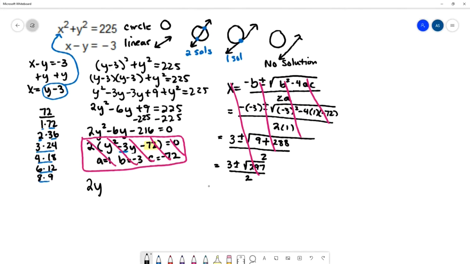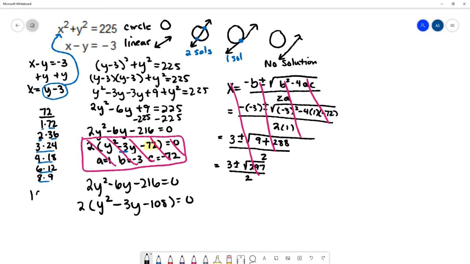So I've got 2y squared minus 6y minus 216 equals 0. And I'm factoring out a 2. That leaves me with y squared minus 3y minus 108.